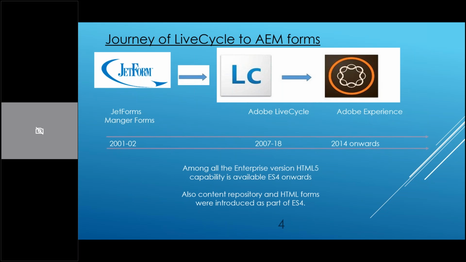But after ES4, in 2014, this product, Adobe Lifecycle, was rebuilt on top of CQ5 and called AEM Experience Manager. So with 2014, Lifecycle had two kinds of stacks. One, the old Java stack, which used to work on an application server, called AEM JEE, and one which was deployed on top of AEM OSGi.